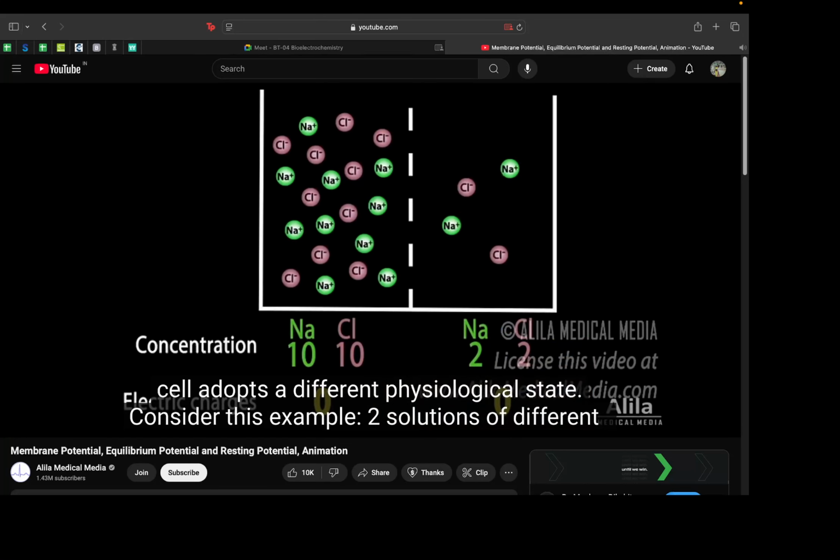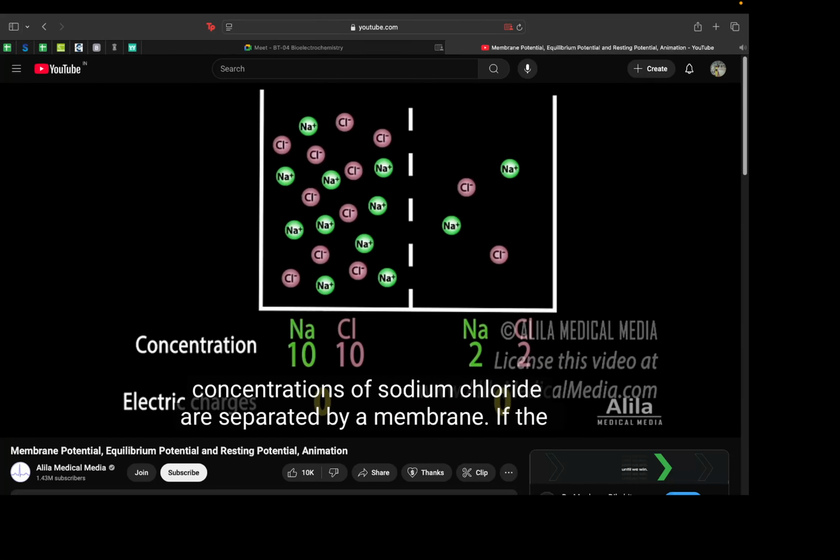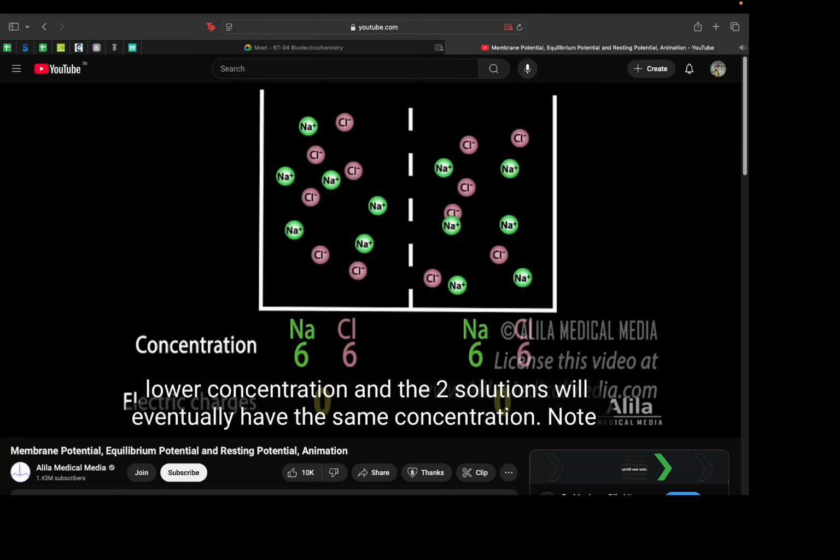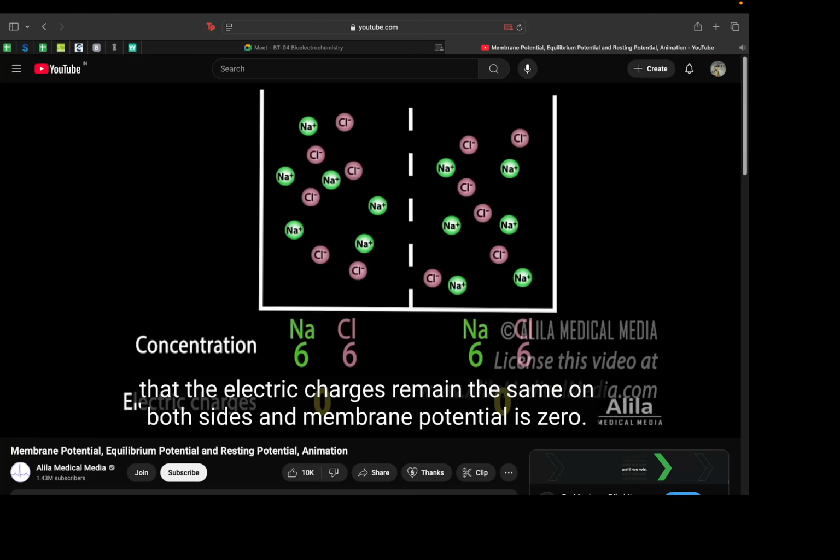Two solutions of different concentrations of sodium chloride are separated by a membrane. If the membrane is equally permeable to both sodium and chloride, both ions will diffuse from higher to lower concentration, and the two solutions will eventually have the same concentration. Note that the electric charges remain the same on both sides and membrane potential is 0.